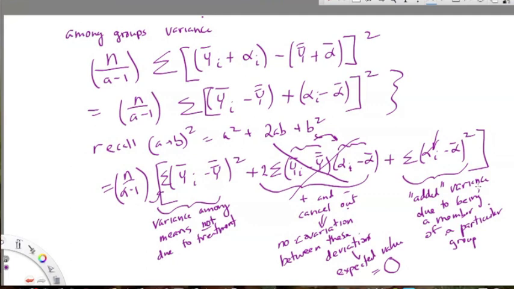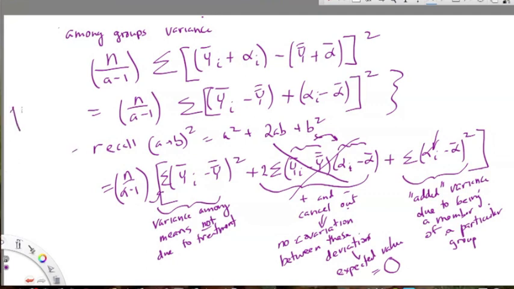All right. Now, what we're going to do actually in class, and if you're not in my class, I recommend you try this. Create a data set where you actually add a variance component and show that this actually is true. So in other words, create a data set where you have created multiple groups. Keep it simple.